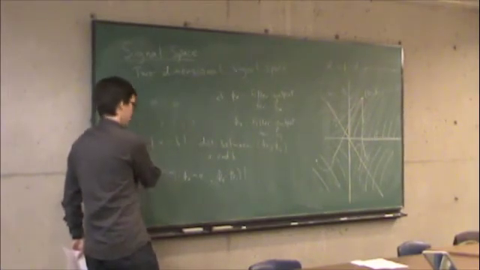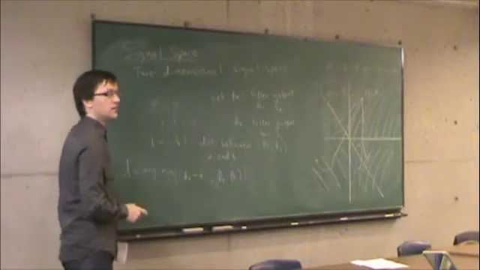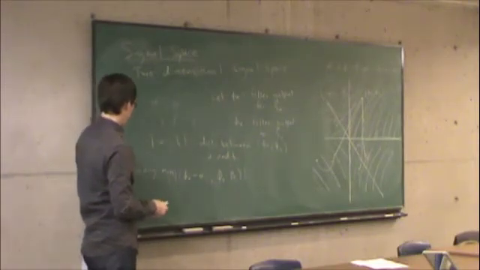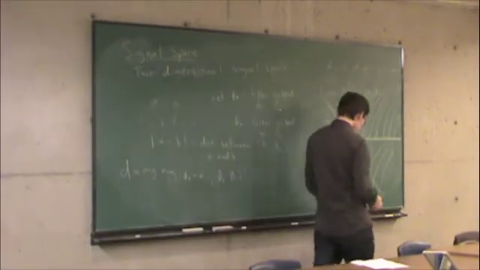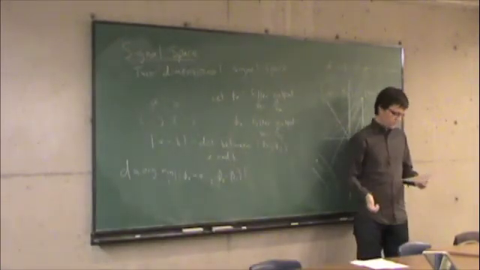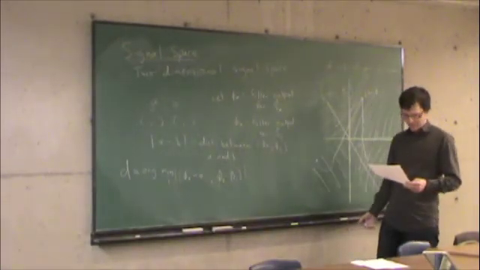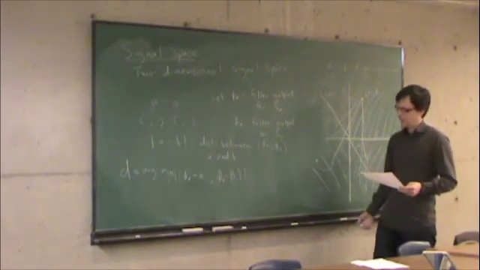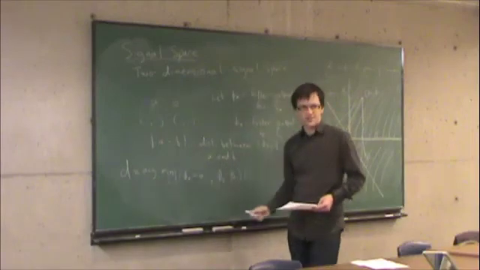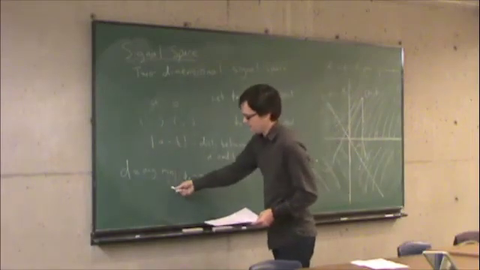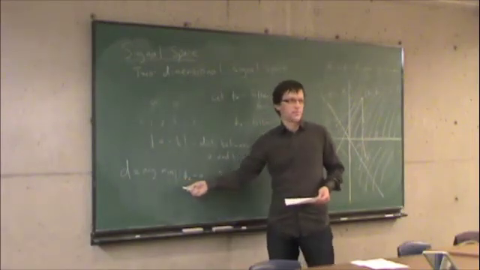So to pull that off, I use this arg min notation that I mentioned before. Just to remind you, min I would be the minimum distance, but arg min is the value of I that minimizes this.